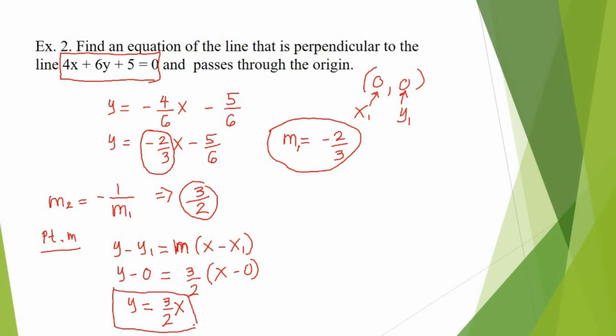So this is now the equation of our line perpendicular to line 4x plus 6y plus 5 is equal to 0 and passes through the origin. So this is our answer.